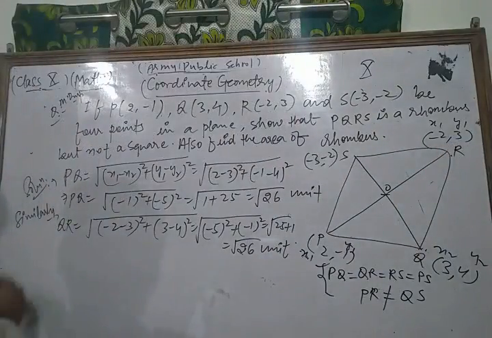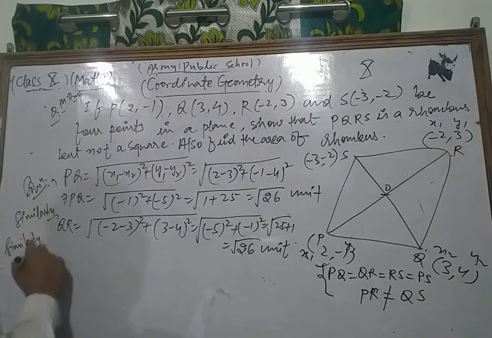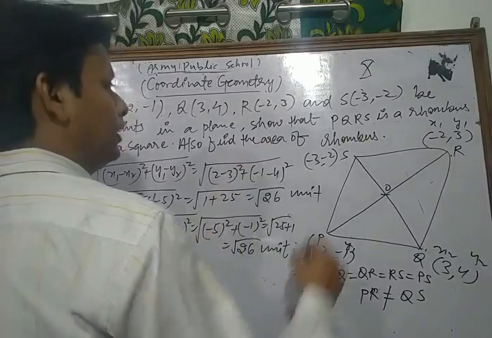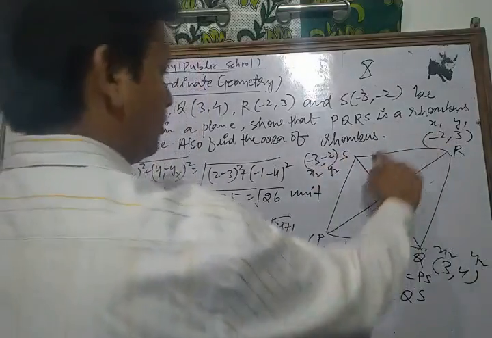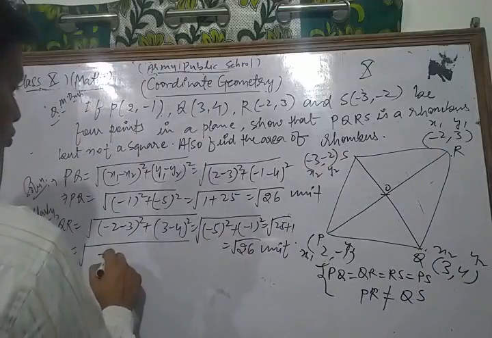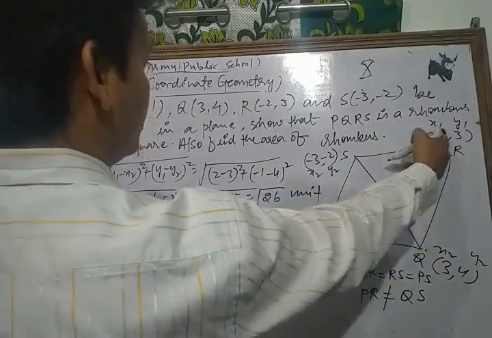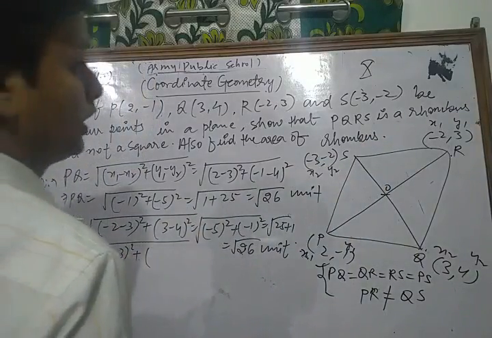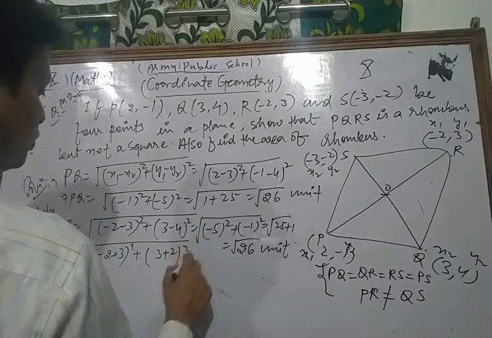Similarly, we find distance RS. Apply the same formula. x1 minus x2 is (-2 plus 3) whole square plus (y1 minus y2) that is (3 plus 2) whole square.